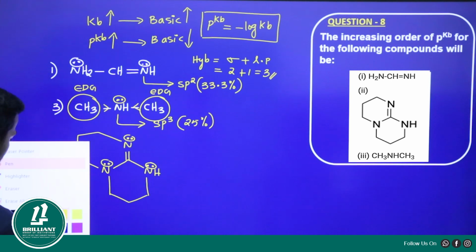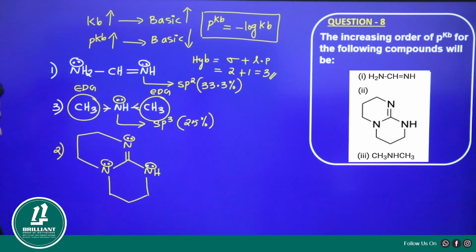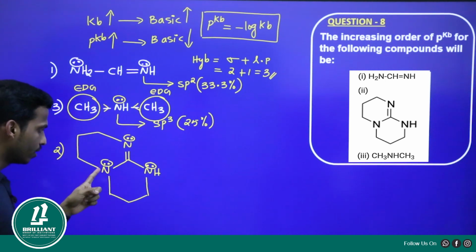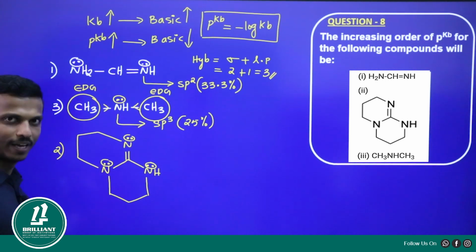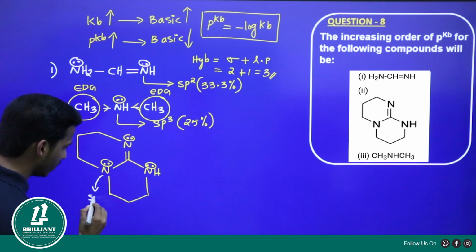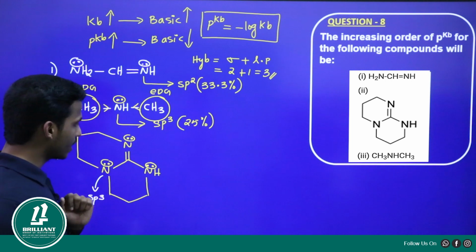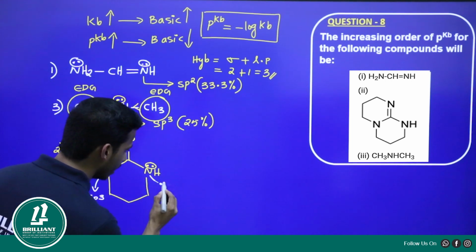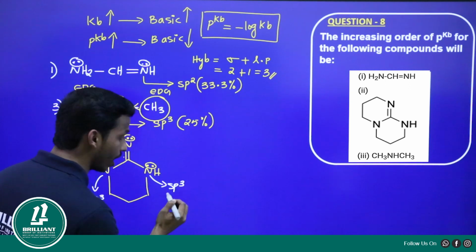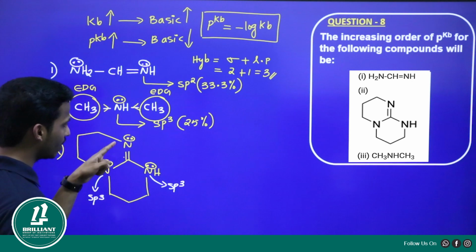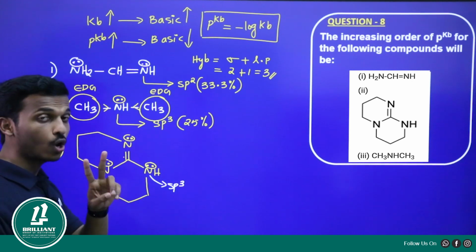And what is the hybridization of this nitrogen atom? Let us find out. See, this nitrogen has 3 sigma bonds and 1 lone pair, therefore sp3, right? This is in sp3 hybridization. This nitrogen has 1, 2, 3 sigma bonds and 1 lone pair, that is also sp3. There are 2 sp3 hybridized nitrogens. What about this nitrogen? 1, 2, count only sigma bonds.